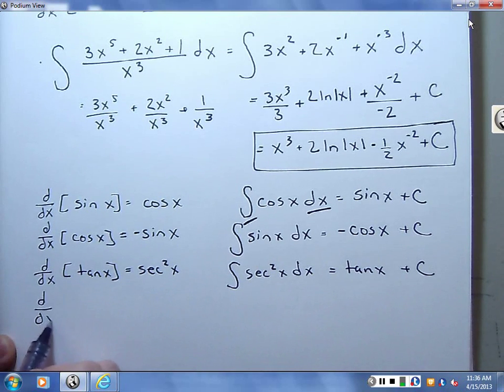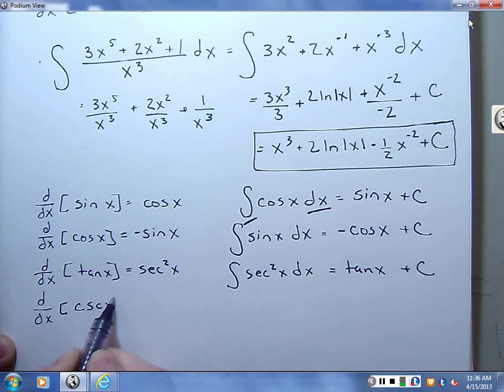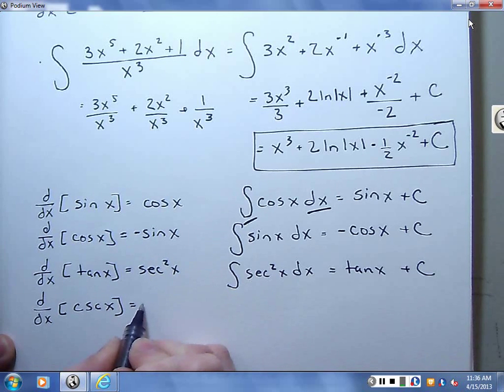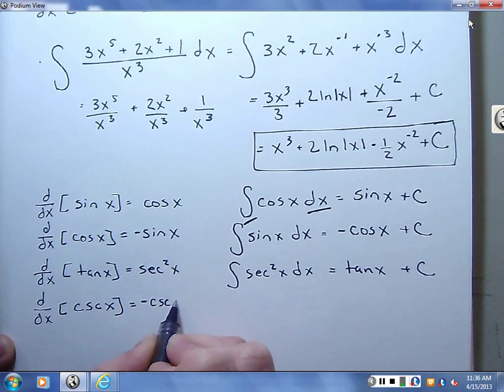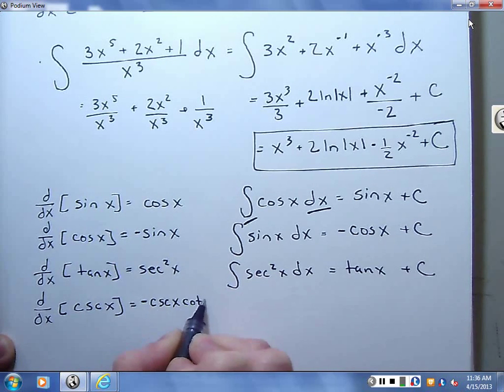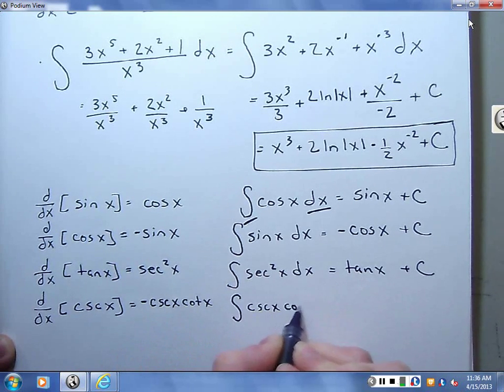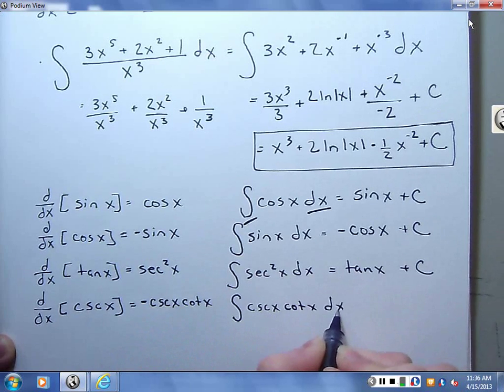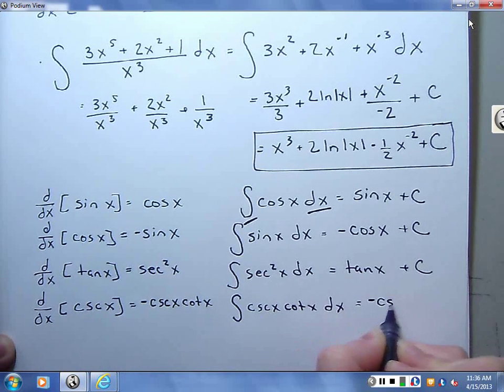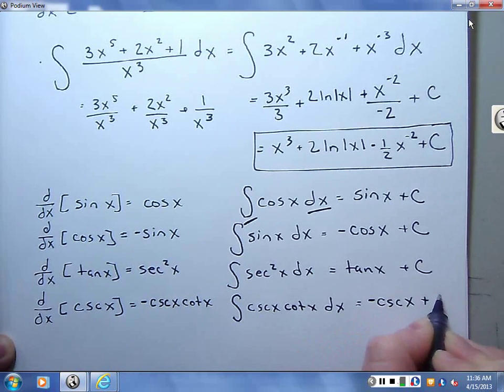So the derivative with respect to x of cosecant. What's the derivative of cosecant? No, negative cotangent, close. Very good. Negative cosecant cotangent. So the integral of cosecant of x cotangent of x would be minus cosecant of x plus c.